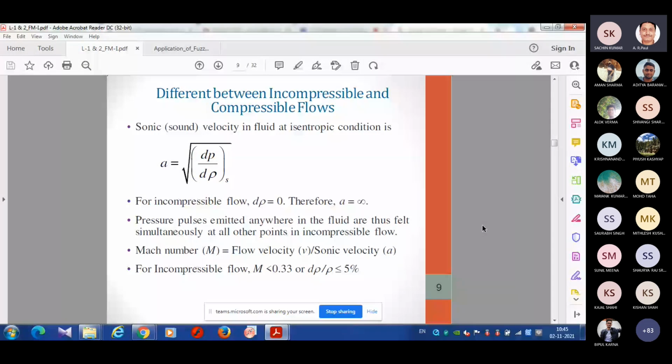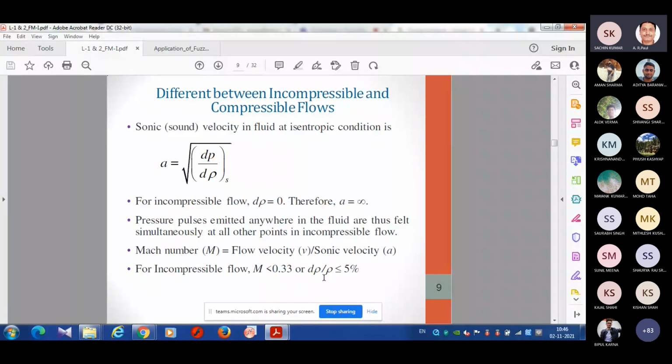If it is within 5%, it is okay. If it is beyond 5%, the flow will no longer be incompressible. So at the end, I have modified my statement: for incompressible flow, your density variation should be within 5%. Rho is your original density and d rho is the change in density, so d rho by rho will be less than 5%.